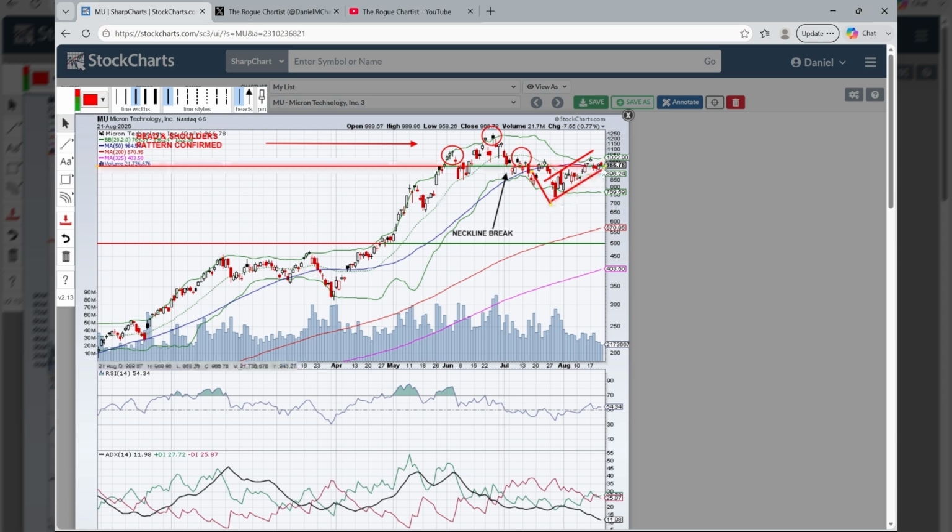Now I expect it to break the lower trend line and head a little bit more south than the 760 gap fill. I think it's going to break and then catch the lower Bollinger Band here and then head lower. Ultimately, I think there's main support around the 500 range.